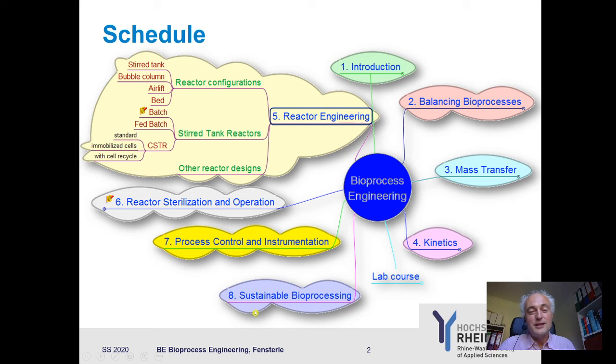You already have the feeling that we might have the chance to look at reactor sterilization operation, with the emphasis on might, but we certainly have no chance to look at process control and instrumentation. Nevertheless, let's start with reactor engineering.